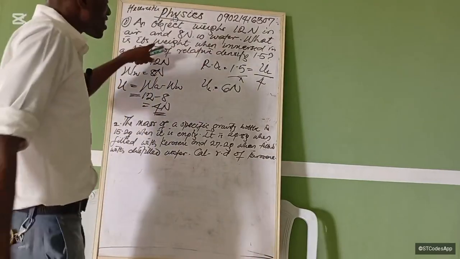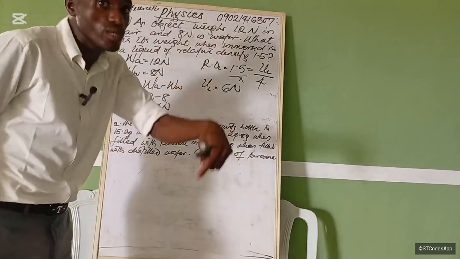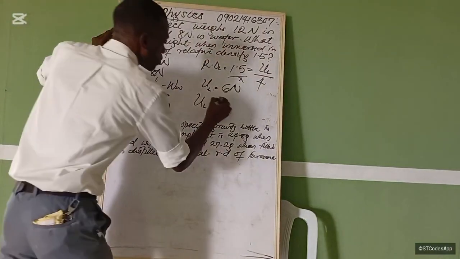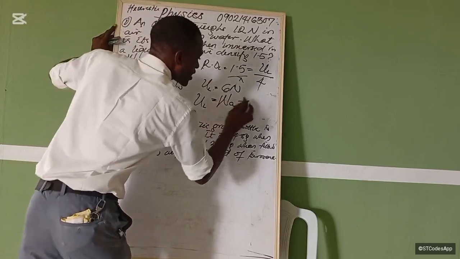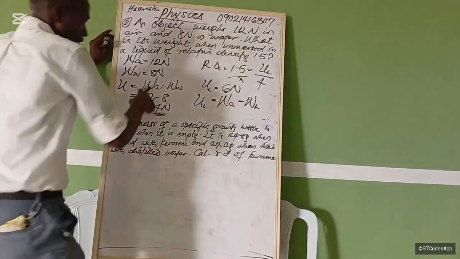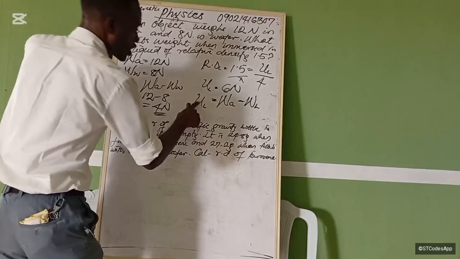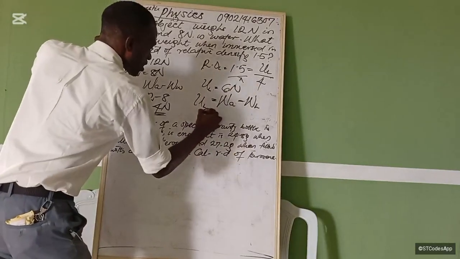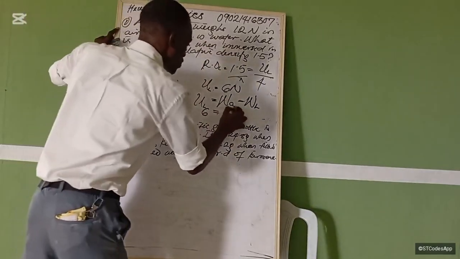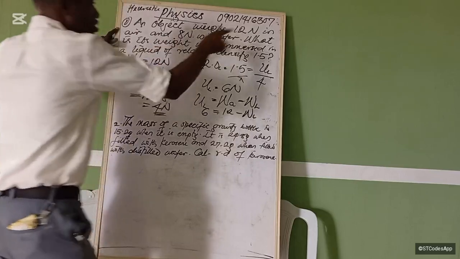It now says what is its weight when it is immersed in that liquid. Remember that this upthrust is going to be its weight in air minus its weight in that liquid. Does that make sense? Such as we did here. So this upthrust, which is 6 Newton, 6 is equal to the weight in air, which is 12, minus the actual weight in that liquid, which is what we're looking for.